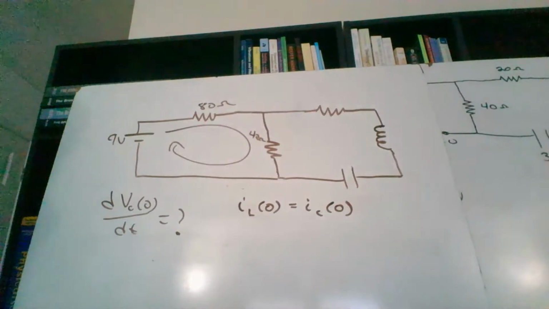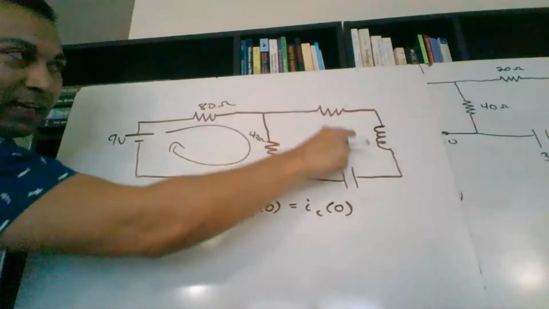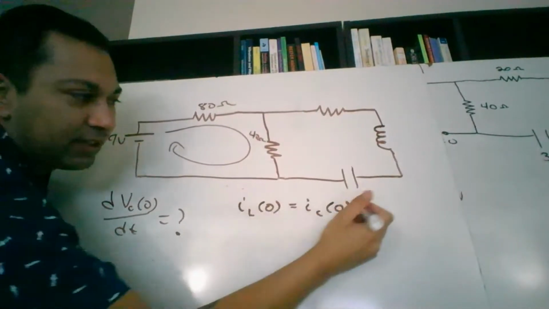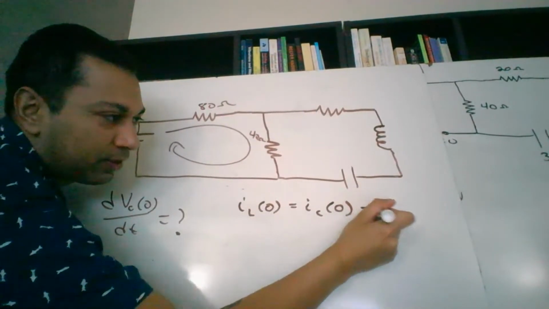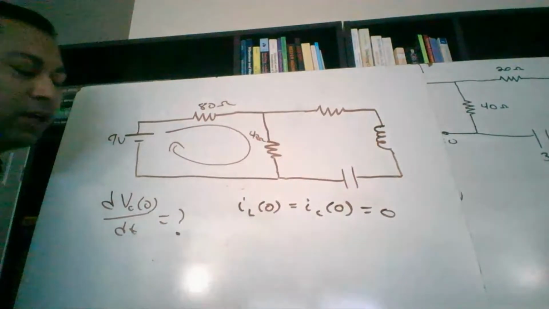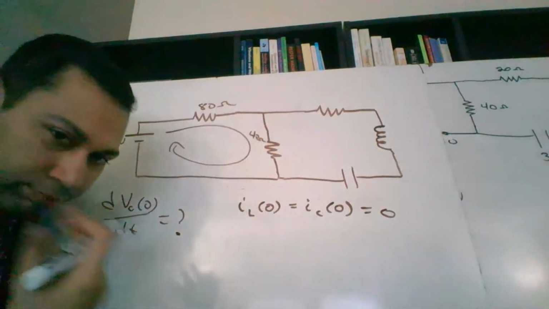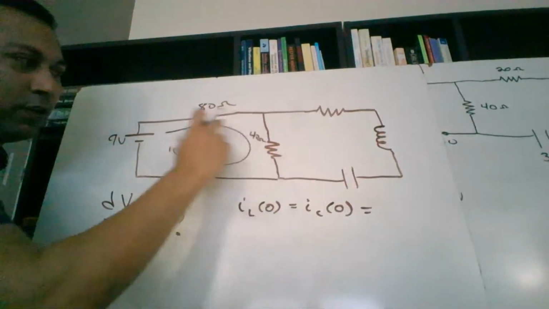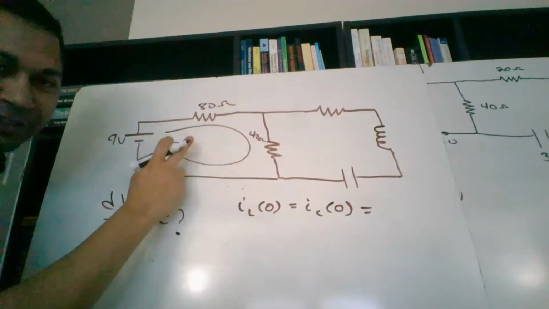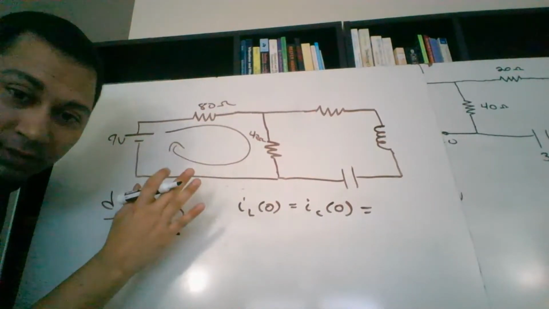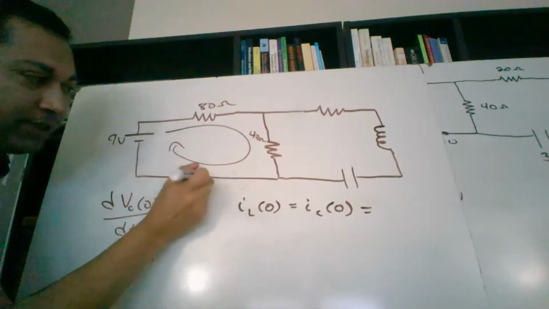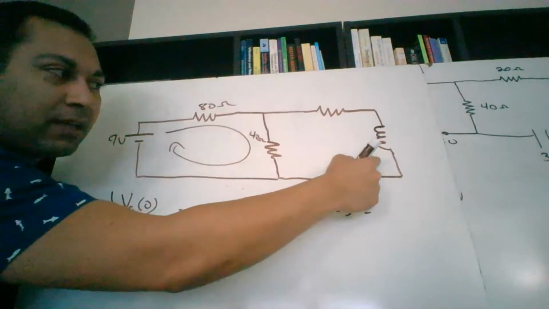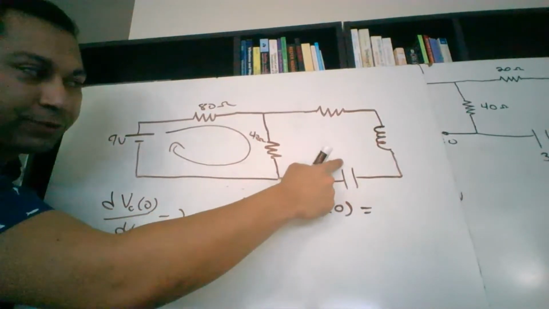Okay? And the current at time equals 0, while this thing was fully charged, the current through the inductor or the capacitor was equal to 0. There was no current going through. When you open this switch, we said that this was behaving like a wire and there was no current going through here.